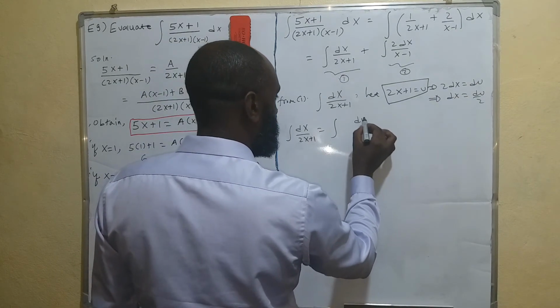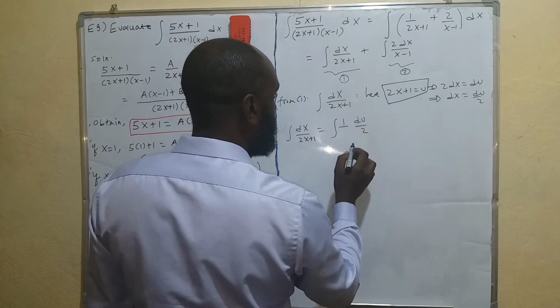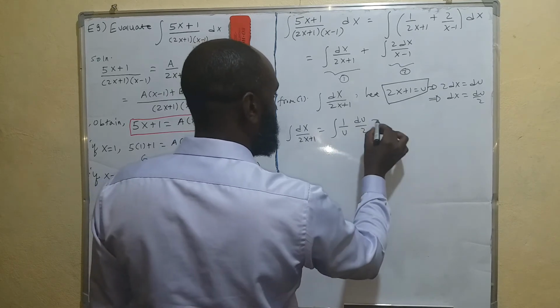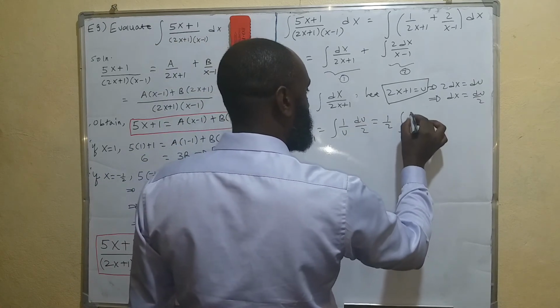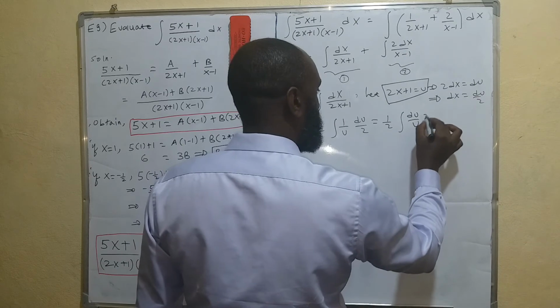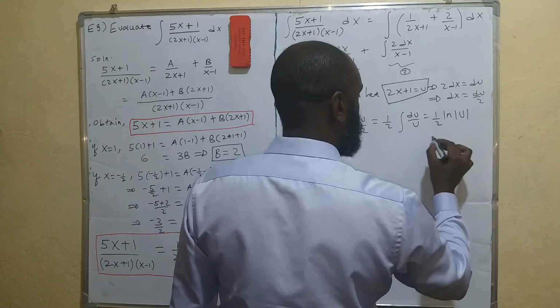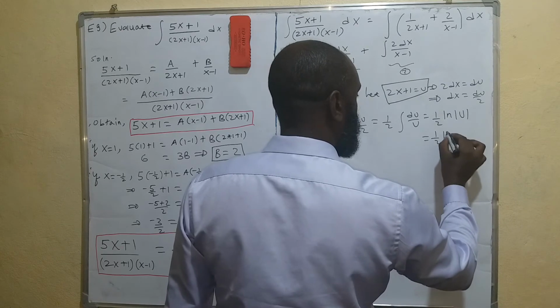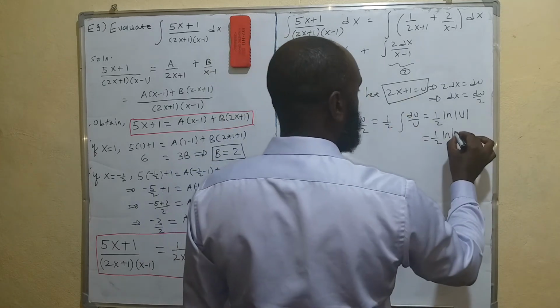And 2x plus 1 is u. Because 1 over 2 is a constant, take it out of the integral sign: du over u. This is 1 over 2 ln absolute value of u. The absolute value of u is 2x plus 1.